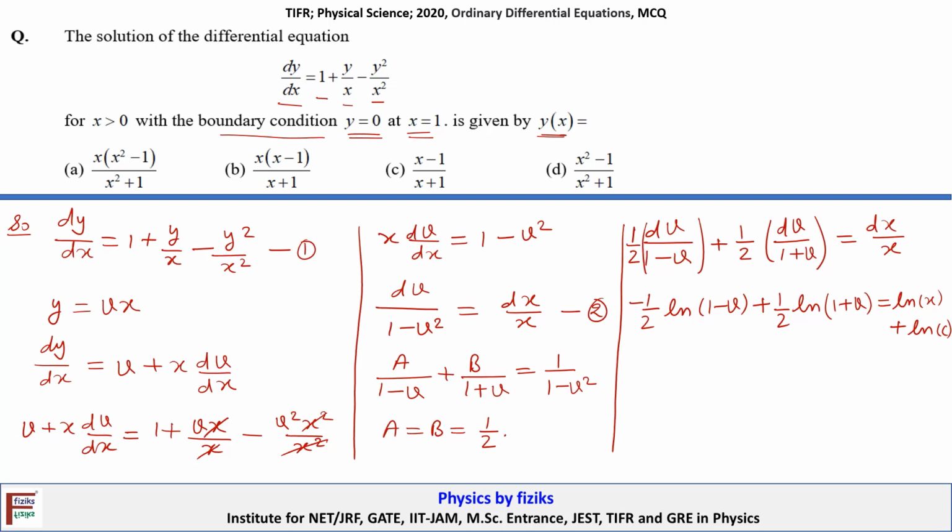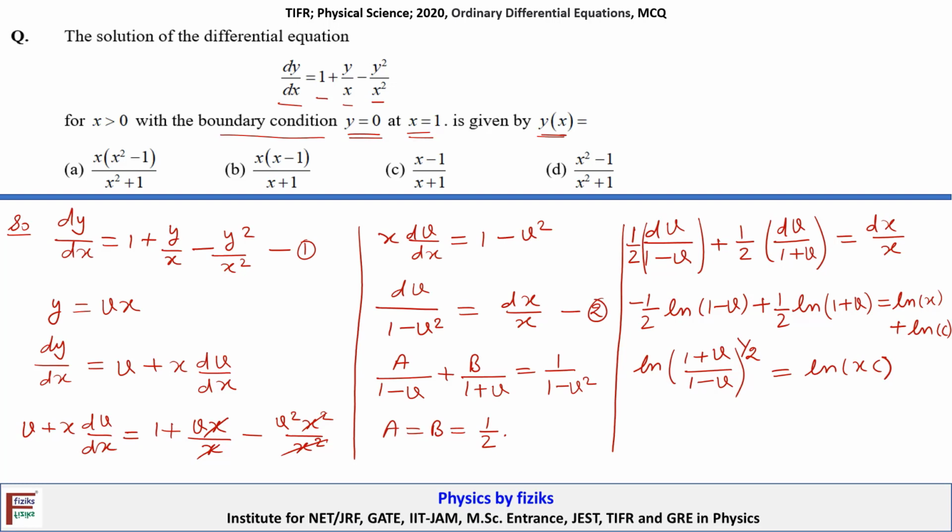Now on combining all these logarithmic terms on the left hand side as well as the right hand side, we can write on the left hand side ln of 1 plus v divided by 1 minus v, and of course from here we take the power 1 by 2 outside, and we can take it as the power here 1 by 2, which is equal to ln of x into c here.